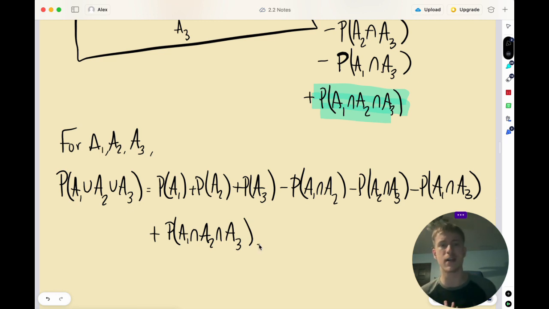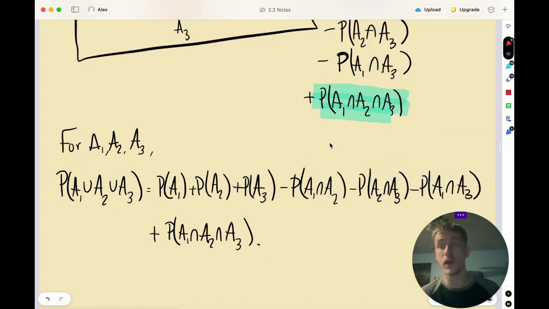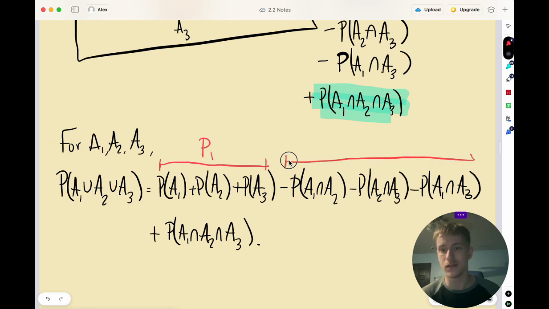Now, this notation becomes very, very cumbersome, so I'm actually going to help us out just a little bit. When you're summing up individual probabilities, so the probability of just one single event, you're just adding all those together, I'm going to notate this P1, capital P sub 1. Now, when I'm technically adding all of the probabilities of the double intersections, I'm going to label that P2.